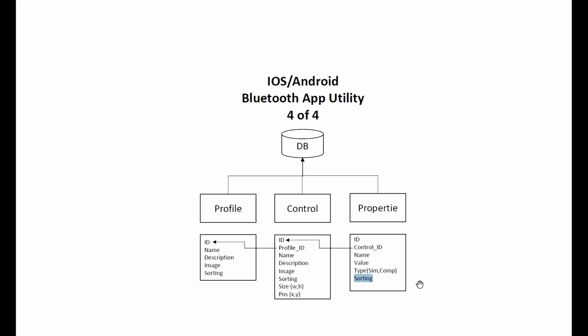And then every layout or every new design will have an entry for that profile, and then all the controls that belong to that new profile, and all the properties for those controls for this profile.